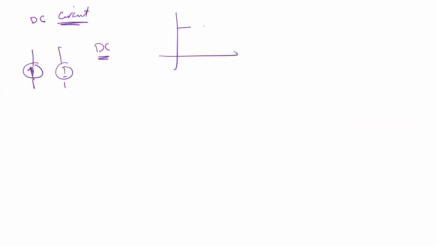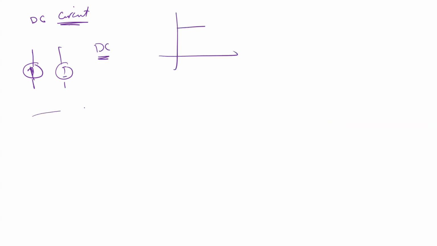Let me just tell you what we have done so far. Number one, we analyzed DC circuits, where any current sources or voltage sources are DC. DC means they are constant over time.